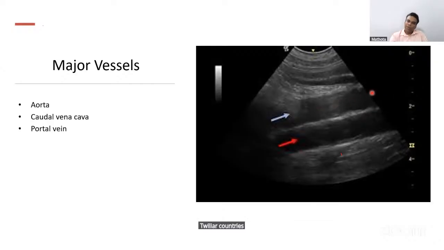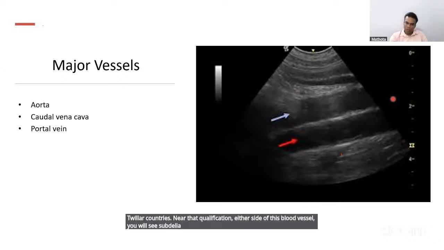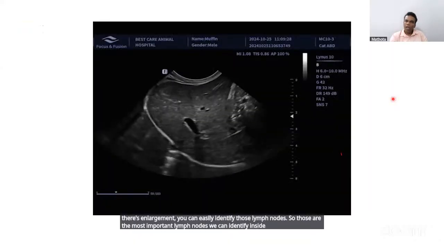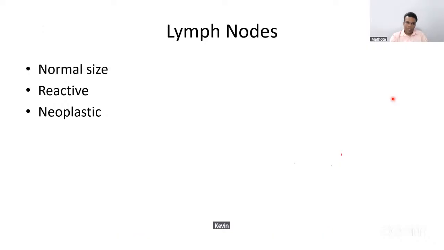Near that bifurcation, on either side of this blood vessel, you will see the subiliac lymph nodes. If there's enlargement, you can easily identify those lymph nodes. Those are the most important lymph nodes we can identify inside the abdominal cavity. When there's an enlargement, it can be a reactive or neoplastic condition.